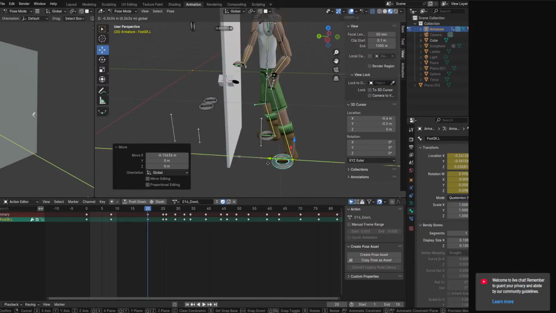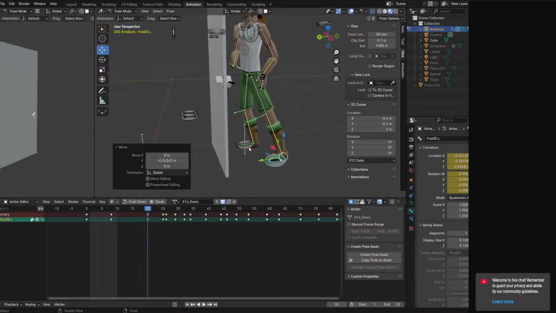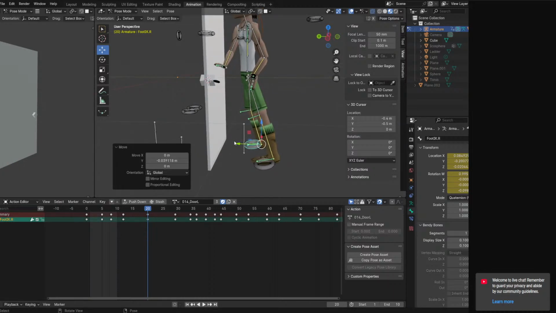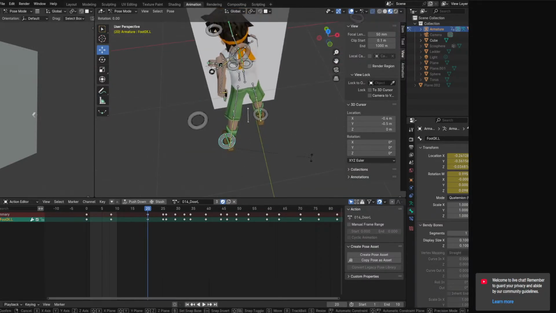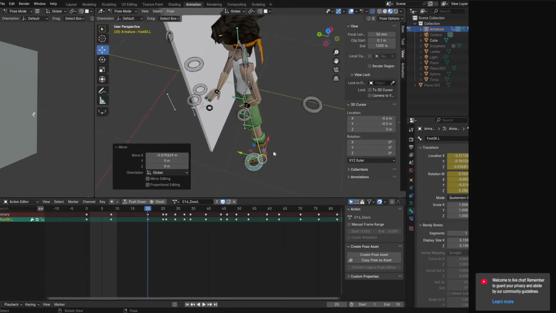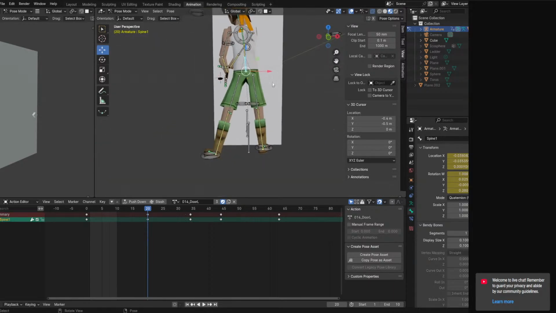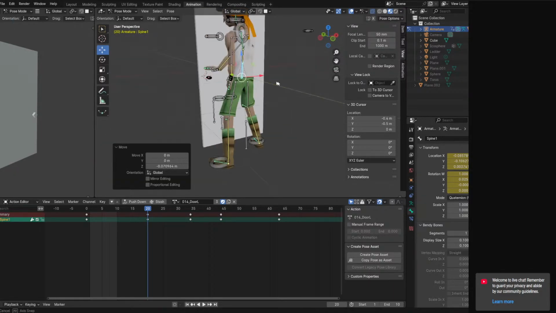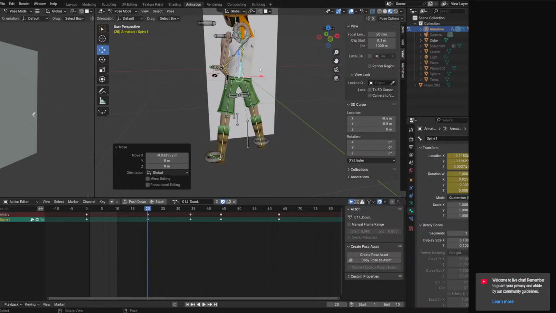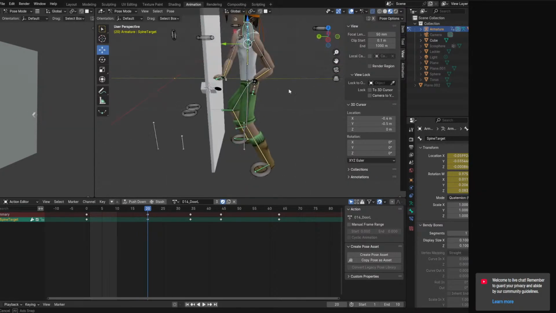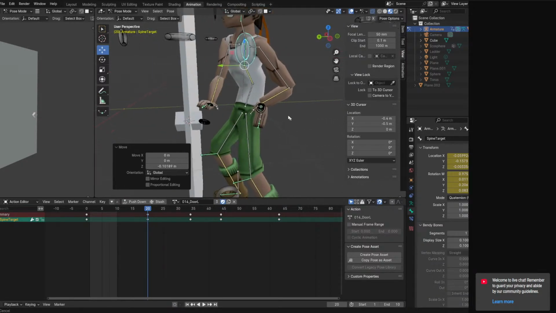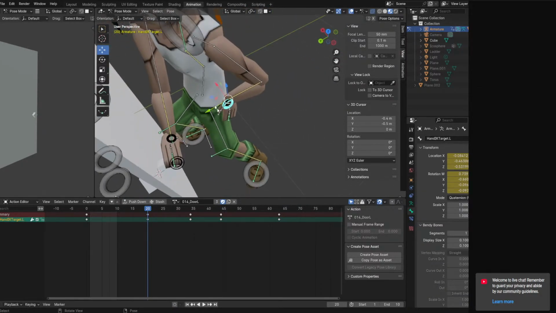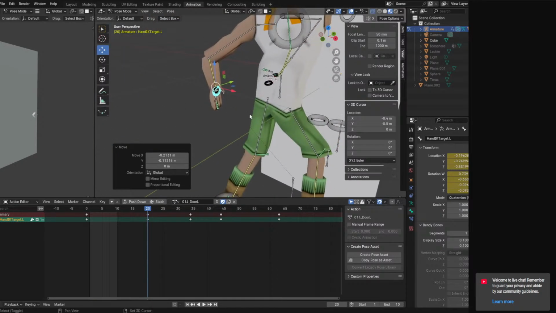Let's move this foot back. Move this foot forward. Move his hand out for balance.